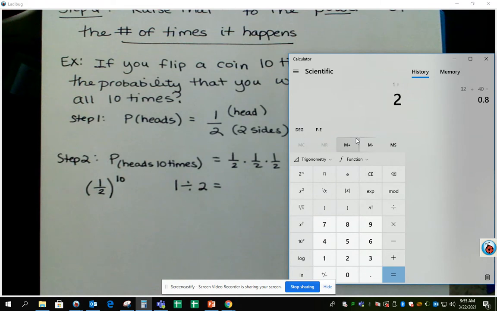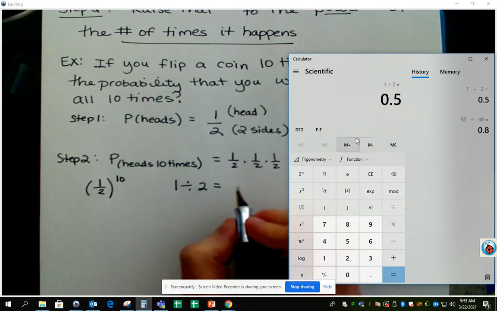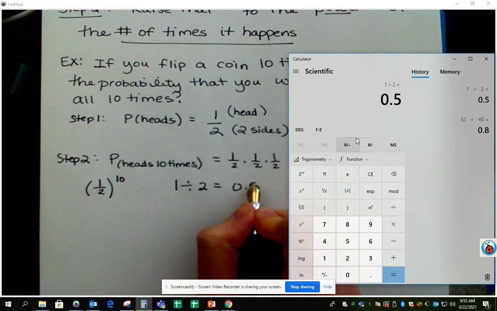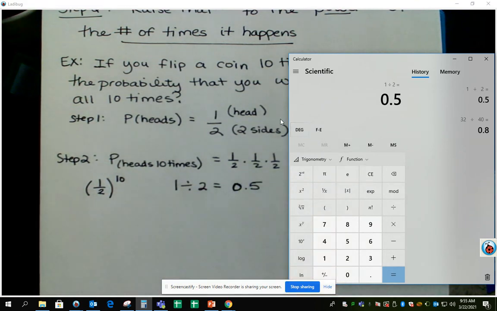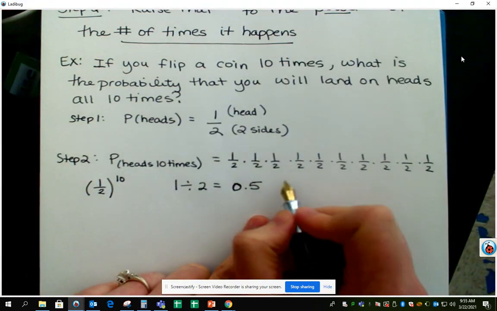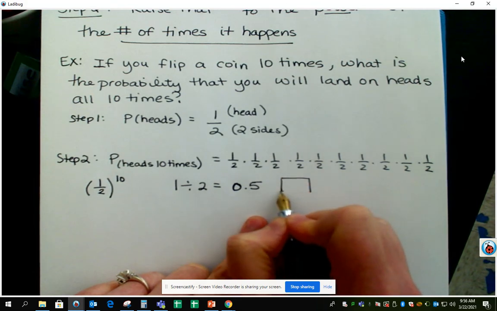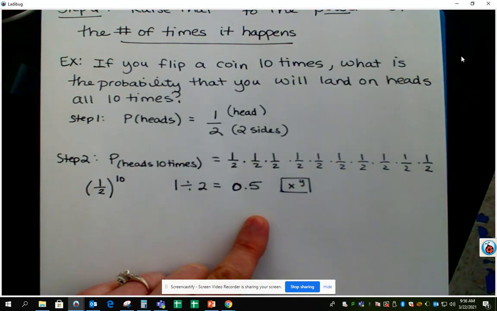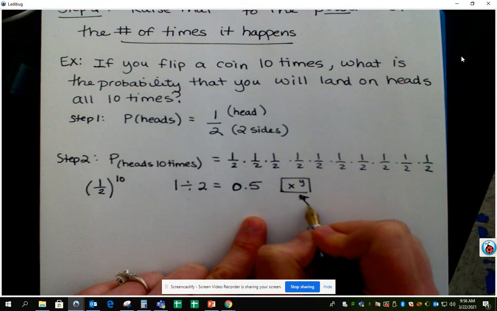1 divided by 2 is 0.5, right? And then you would use the exponent key. On the computer calculator, it looks like this. It says x to the y, and then you put your exponent, so 10 times. To write that on your paper, you would divide that out, and then on the computer, you use the x to the y key on your laptop.